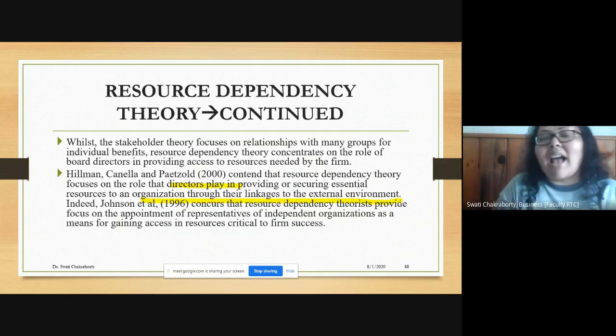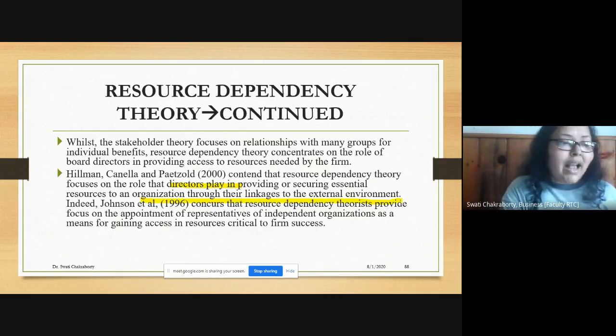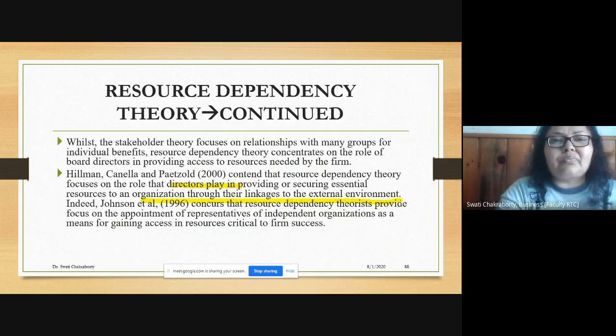If a firm has to achieve success, it has to have sufficient resources on hand. And sufficient resources on hand means availability of the best quality resources at the right time, right? So it's the directors who have to play that role.